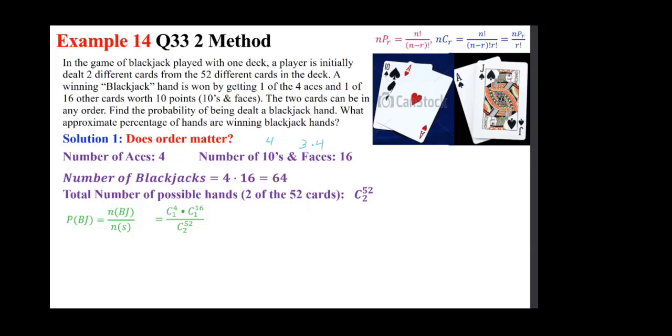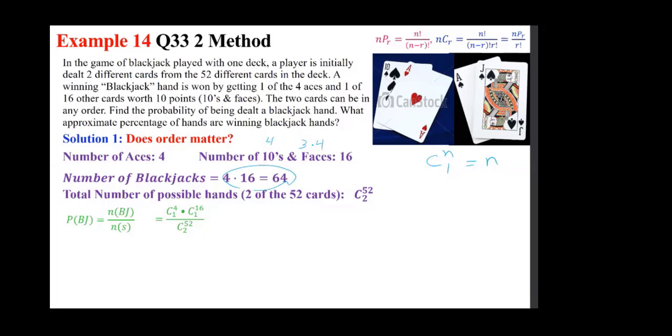So the top, C(4,1), becomes 4. C(n,1) becomes n. So C(4,1) is 4, C(16,1) is 16, and we already have justified the answer of 4 times 16 equals 64.